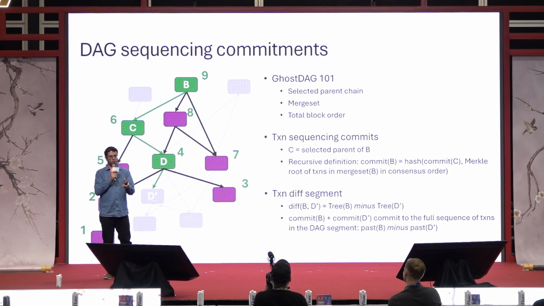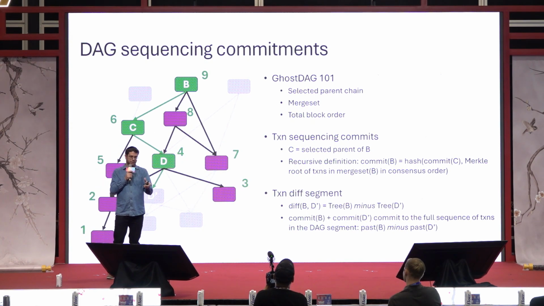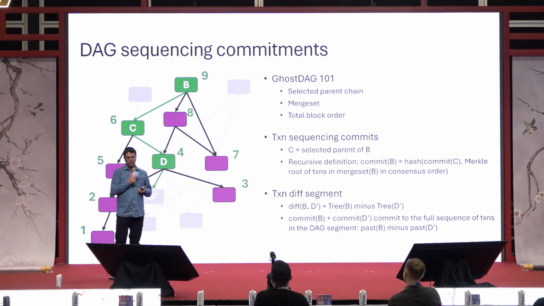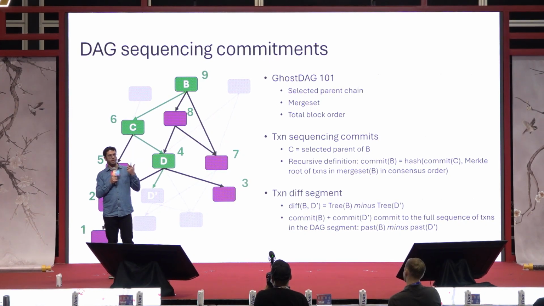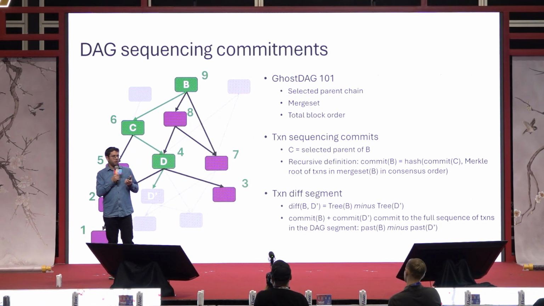If you changed the order of any of these blocks, it would have produced a different commitment at B. And this segment is what can allow a zero-knowledge prover to anchor its execution.